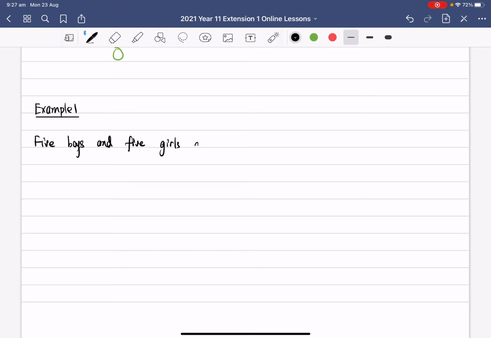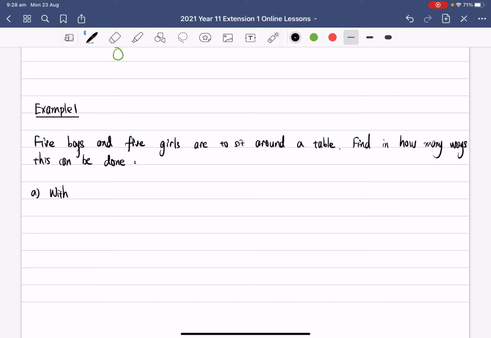The question asks you to find in how many ways this can be done, first, without any restrictions. So the boys and girls can sit anywhere they like, and they can sit with any of their friends. There is no restriction here.